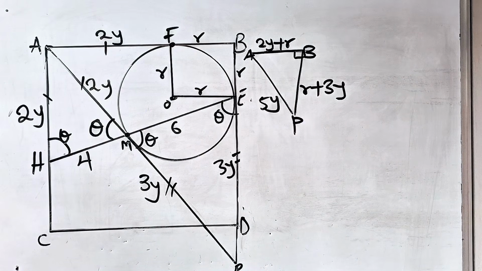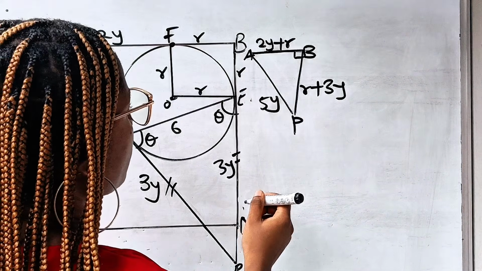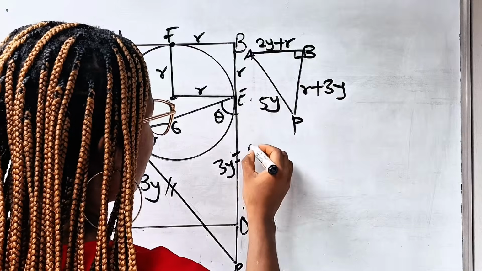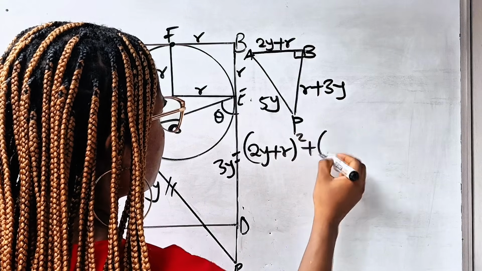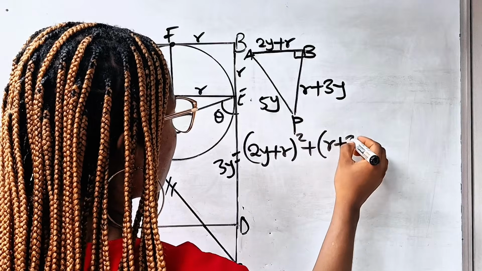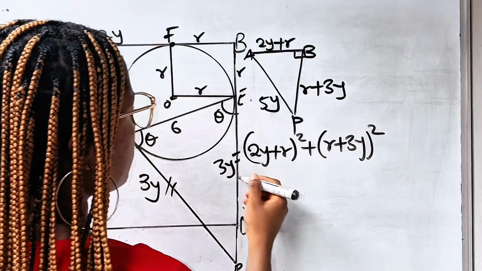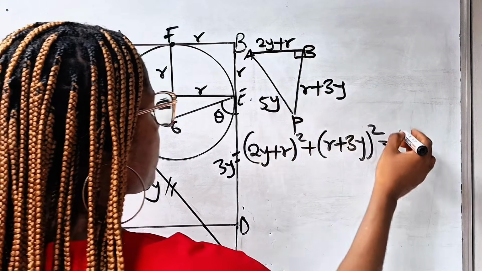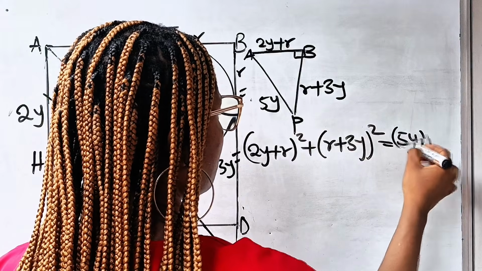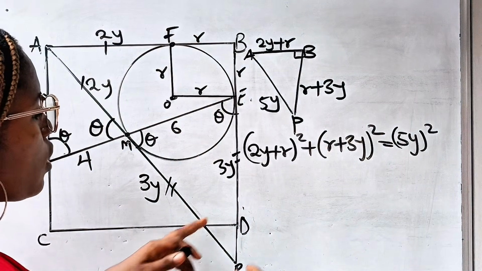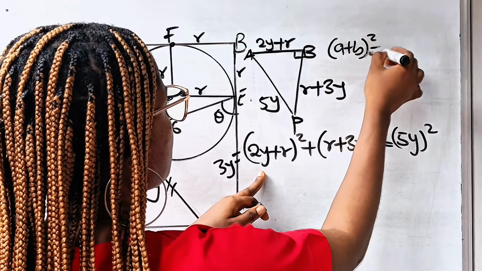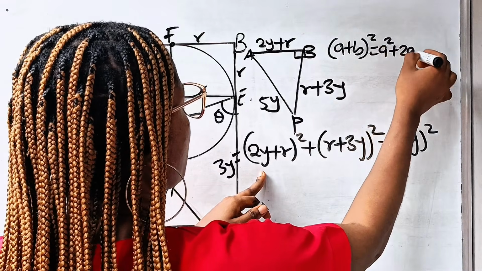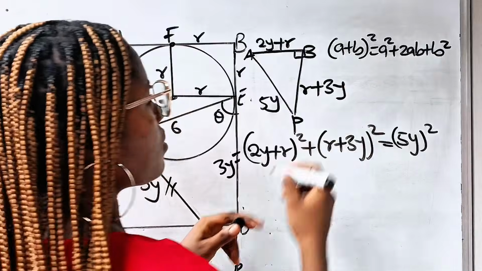Now, using Pythagorean theorem, we are going to have (2y plus r) all squared plus (r plus 3y) all squared will give you (5y) squared. So recall that (a plus b) all squared is a squared plus 2ab plus b squared.